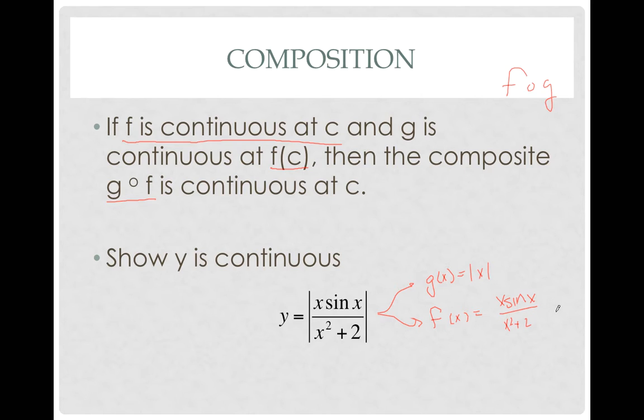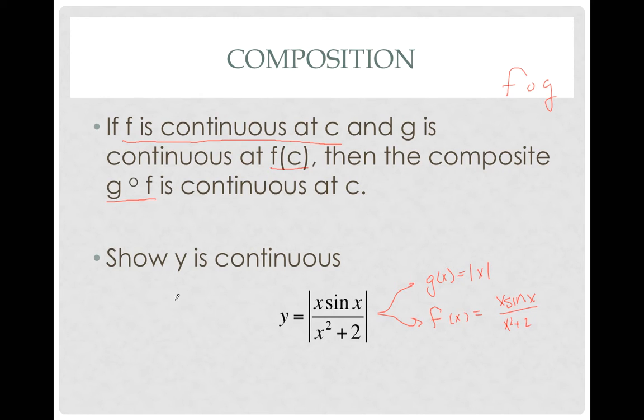So I can look at this and I can determine if it's continuous. First of all, we know that g of x is continuous, but that's not really what we want to know. We need to know, is f continuous for all values in this case?